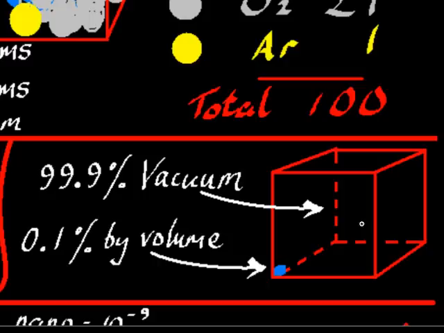The rest of the box would be a vacuum, nothing in it. So basically what I'm saying is, even though the air molecules are all around us, what's really around us is nothing, vacuum, because the molecules around us only take up 0.1%.